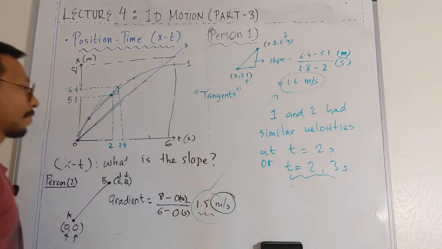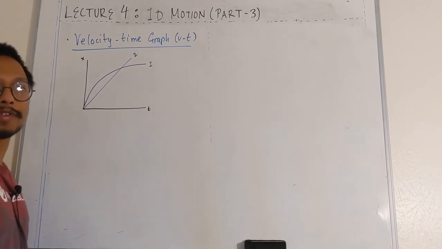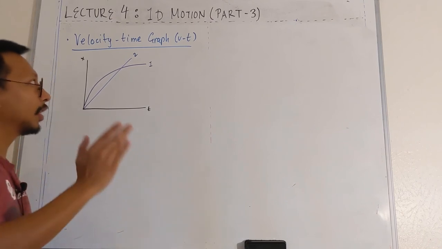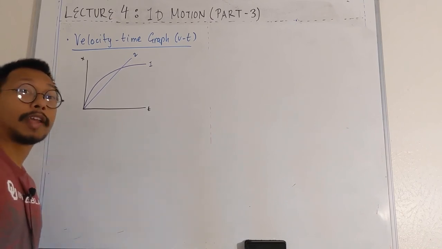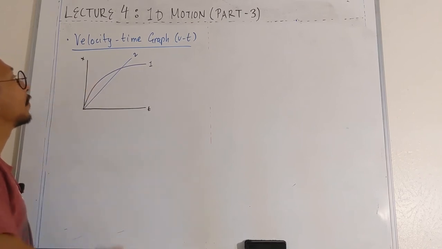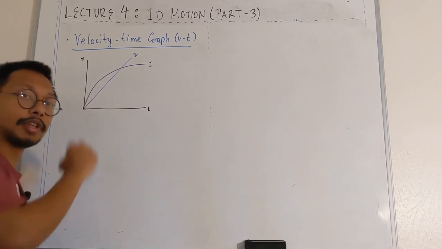Okay, so we have already learned that the position time graph is related to the velocity time graph in that one can be derived from the other. Let's see how, or can we actually do that? Can we actually derive the velocity time graph from the position time graph that we just studied?